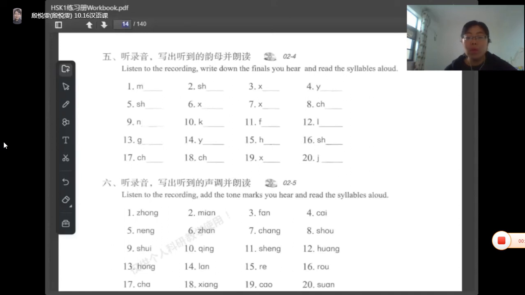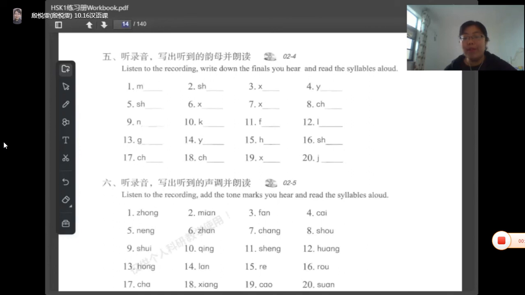Number 10, 空. Usman, Muhammad Usman right, Amin right. 11, 风.